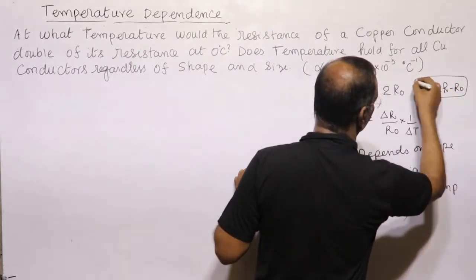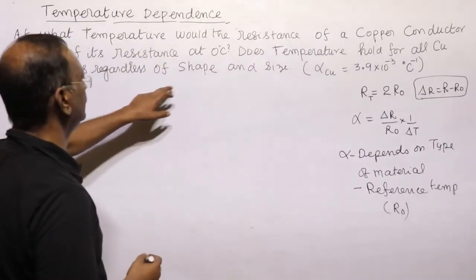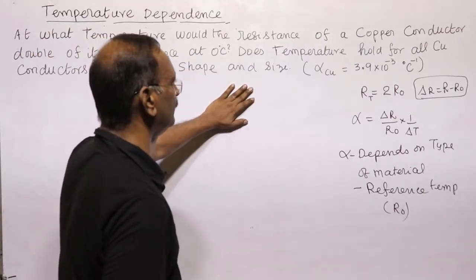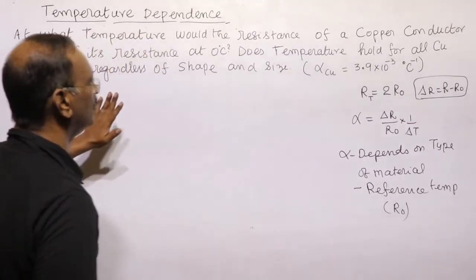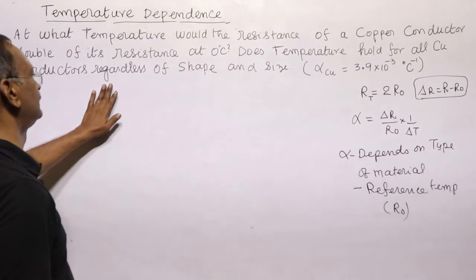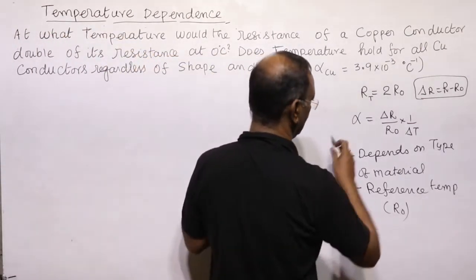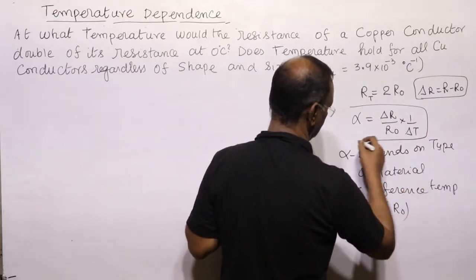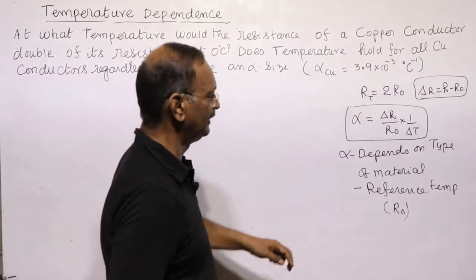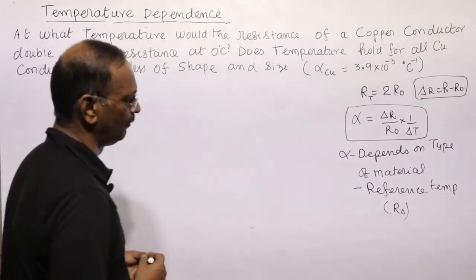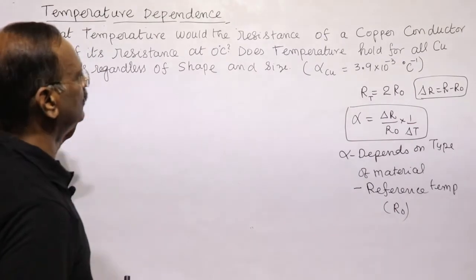It means regardless of the shape and size of the copper, for all copper, yes, it is applicable, because shape and size are not a factor here. Alpha depends only on the type of material, which here is copper, and the reference temperature, therefore it holds good.